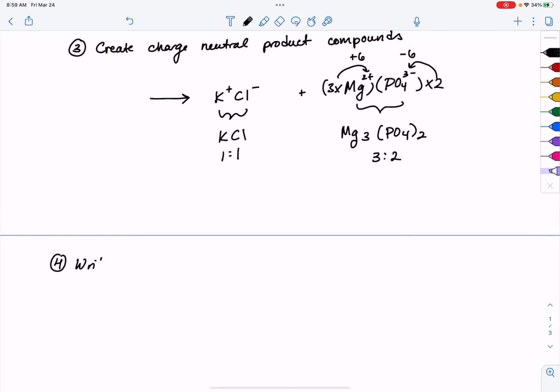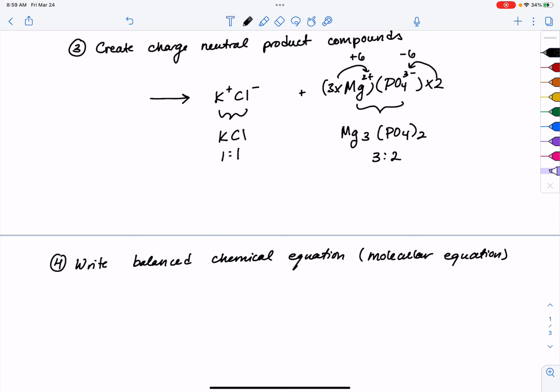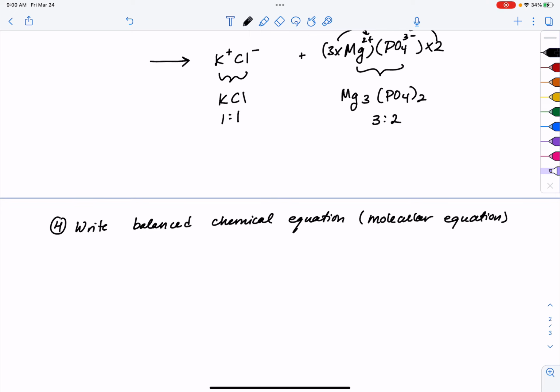Fourth step is to write out our balanced chemical equation, hereby referenced as our molecular equation, because what we do in this full equation is we are showing every compound in their undissociated form, even those that are aqueous.